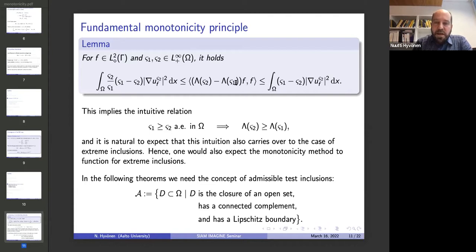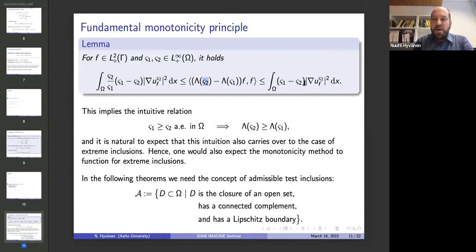So you can see that if sigma 1 is larger than sigma 2, then this left-hand side here is positive because you are subtracting these two in different order. And then you have something positive, the squared norm of the gradient of the potential corresponding to F and this conductivity.